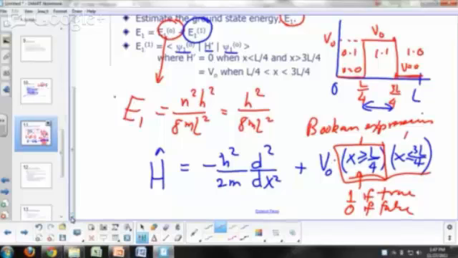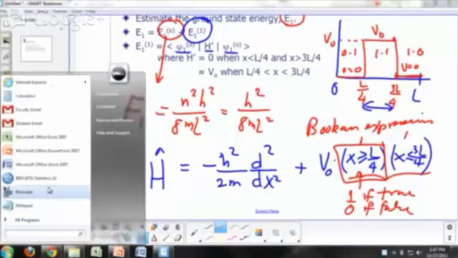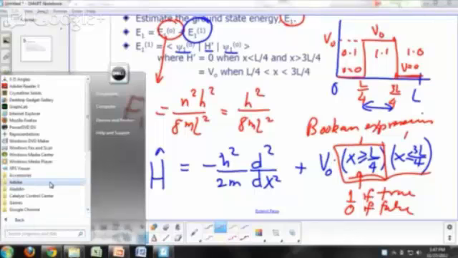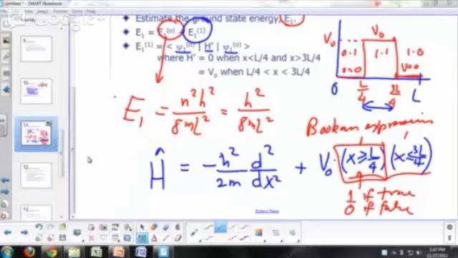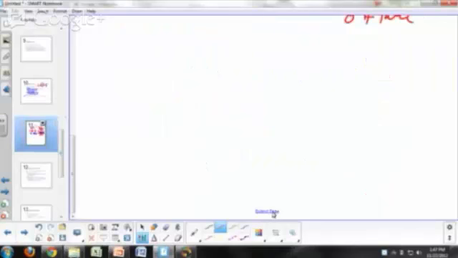So let's actually do this on MathCAD. First of all, before we do that, what would be our formula for E1 for the ground state?